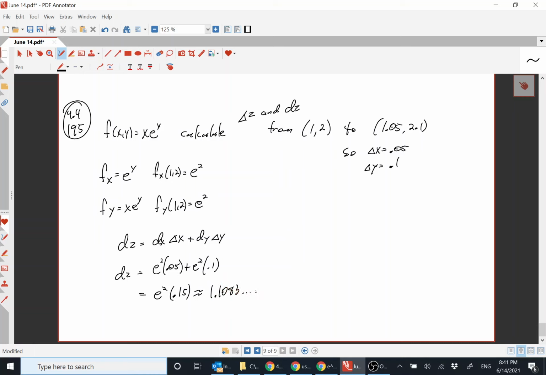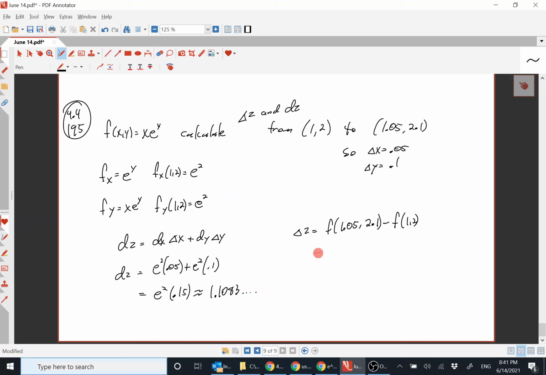So the change in z along the tangent plane, or the differential change, is 1.1083. The actual change in z, delta z, is f of 1.05, 2.1 minus f of 1, 2.